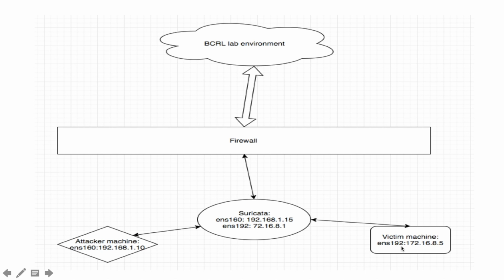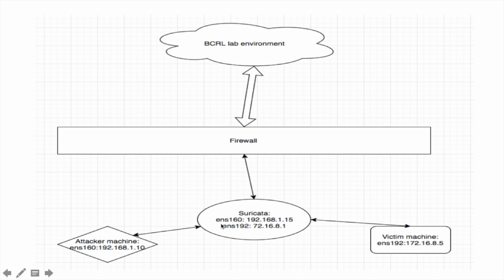The victim machine has the IP address of 172.16.8.5. The attacker machine is in a different network and has the IP address of 192.168.1.10. We have the Suricata machine running in the middle as the IPS-IDS system and also as a router.